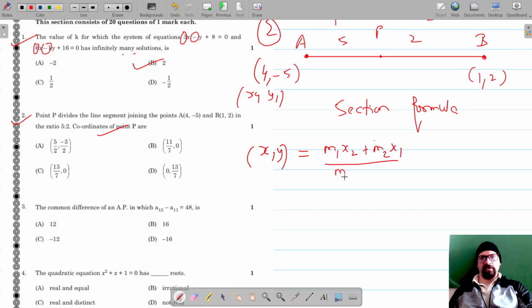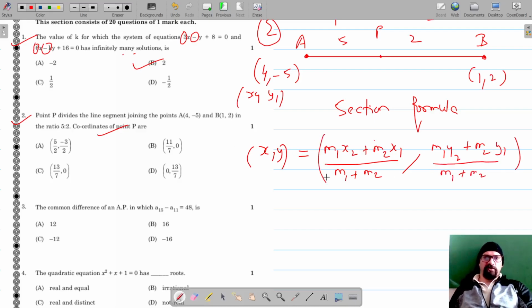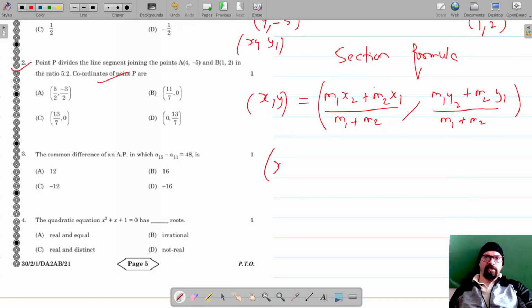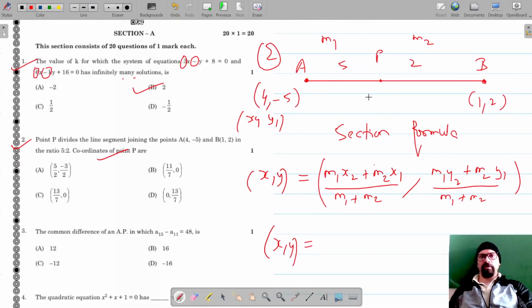This is the x coordinate upon m1 plus m2, and the y coordinate is given by m1 y2 plus m2 y1 upon m1 plus m2. And the easiest way to remember this is 1 with 2, 2 with 1, 1 with 2, and 2 with 1, for the variables x and y. So x comma y, that is the coordinates of point P. So we have to find the coordinates of the point P.